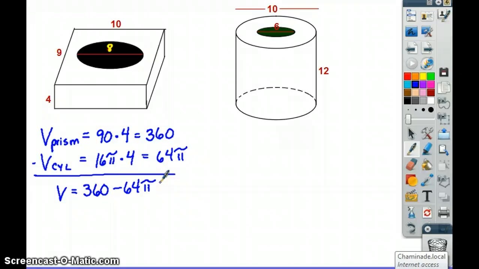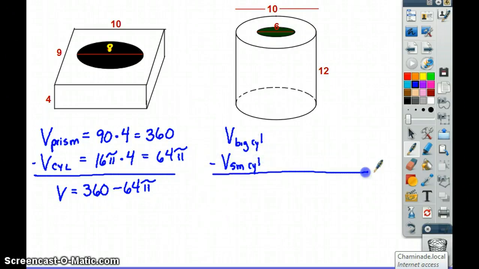Okay, now we have the toilet paper roll or the paper towel roll. So I have this cylinder that another cylinder has been cut out of it. So I'm going to find the volume of the big cylinder and the volume of the small cylinder and subtract the 2.